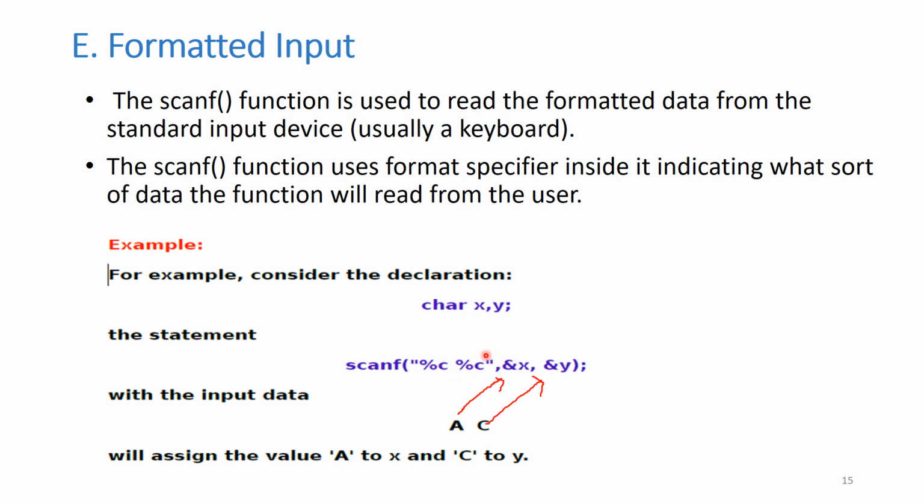The format specifier of a character data type is %c. So this %c for x and this %c for y. The scanf statement with the input data a and c will assign the value a to x and c to y.